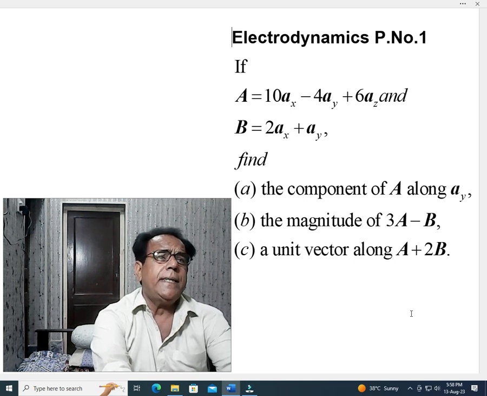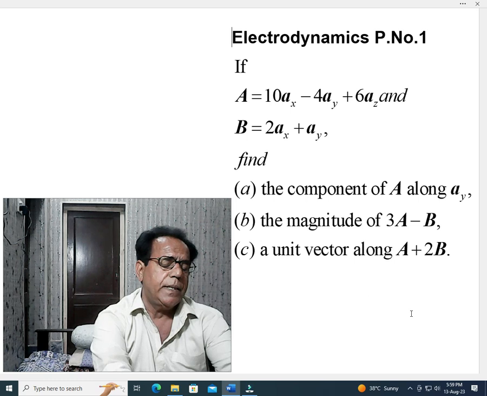Dear students, this author has another book, Fundamentals of Electric Circuits, in which there is another author, Charles Alexander.